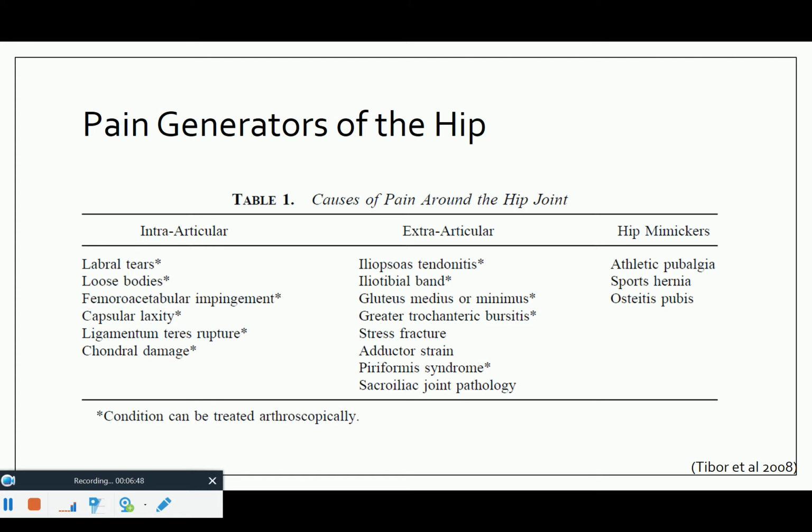So please review these, and if you have questions, you can always shoot me an email. The hip mimickers are some of the rarer ones, and the other 2 categories, intra- and extra-articular, you'll find much, much more common.